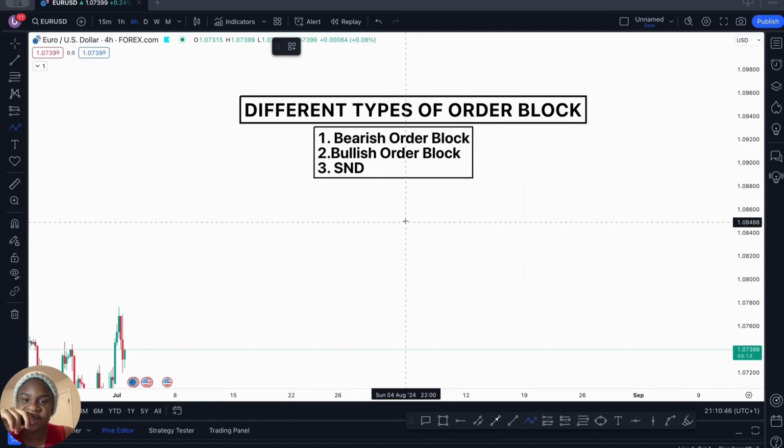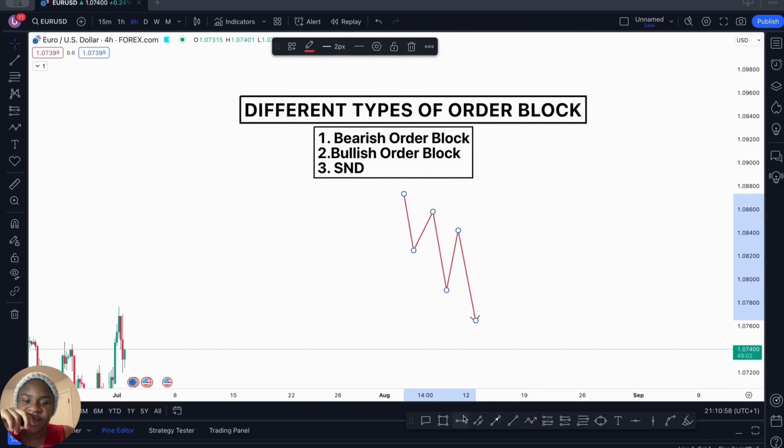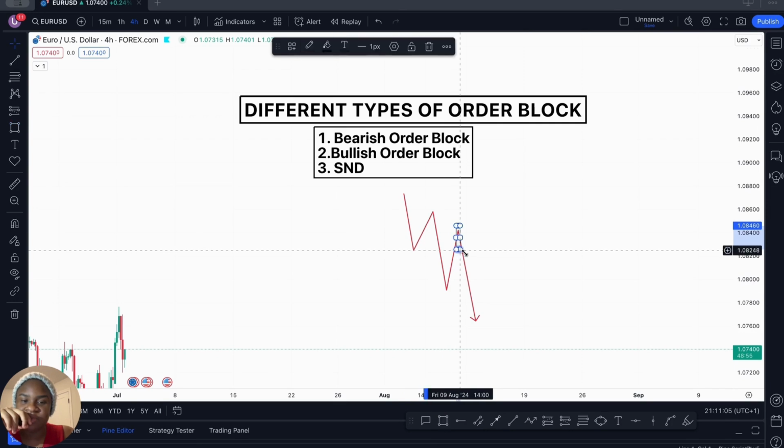Now, the first order block that we know is the bearish momentum. I'll start with the way I numbered it here. So it's higher high, higher low, higher high, higher low, higher high, higher low. Now, there's always a candle that is here, like a swing point.